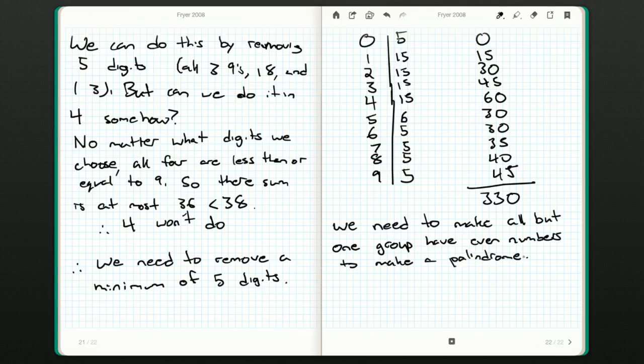So we need to get numbers to be in pairs. Each one of these numbers, we're going to have to remove a 9 to get 4 9s, so that we can have 2 9s on either side of the middle, for example.